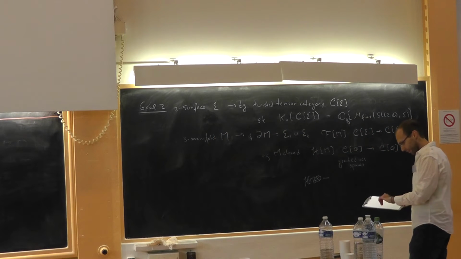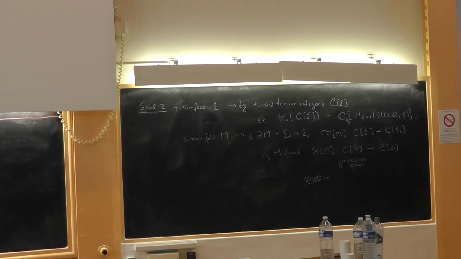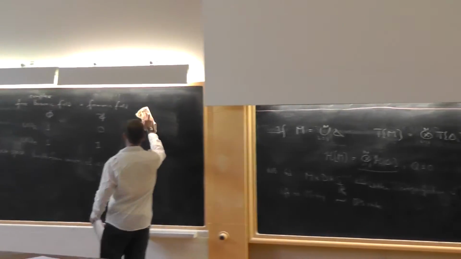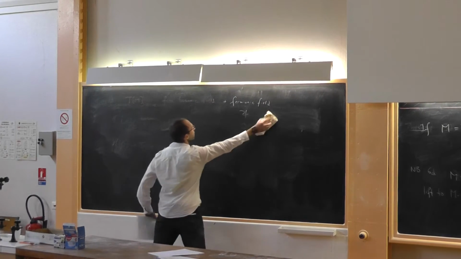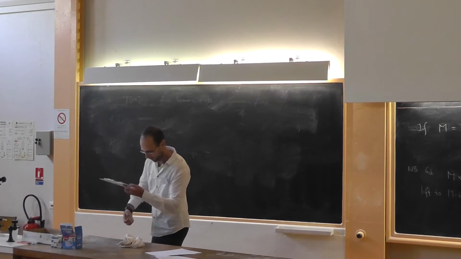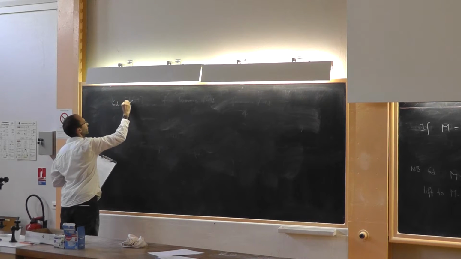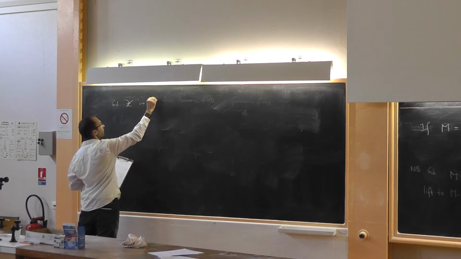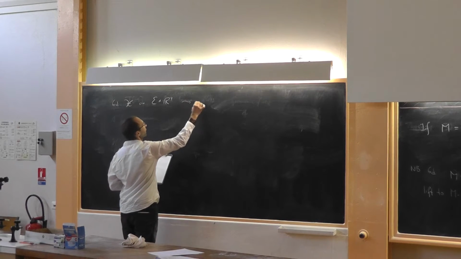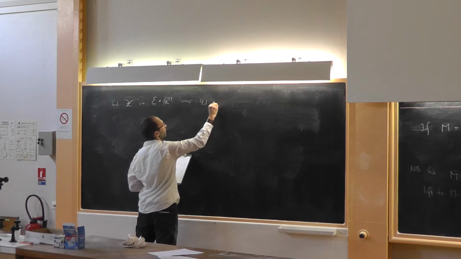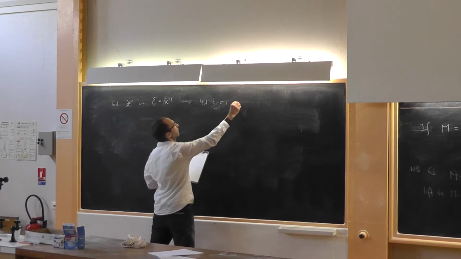Okay, now again, the reason such a structure exists comes from 6 dimensions. So if we put theory X on a Riemann surface times R4, we get a 4-dimensional supersymmetric conformal field theory T of sigma.